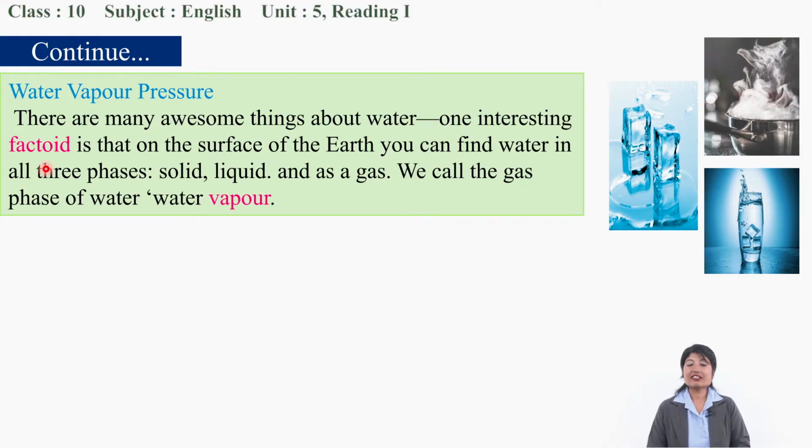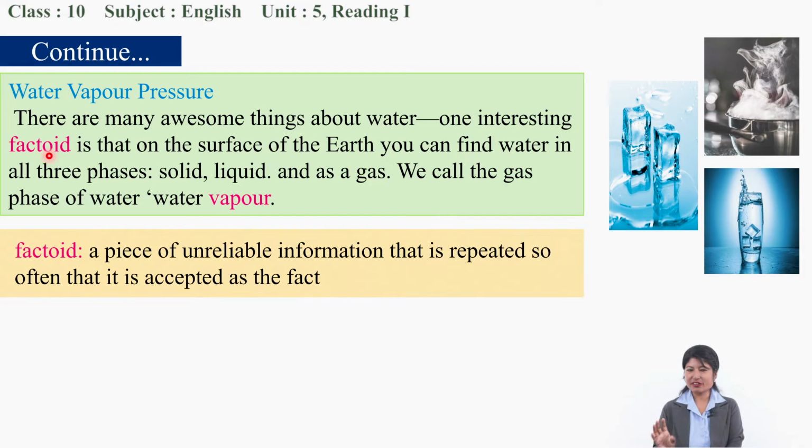One interesting factoid. What is a factoid? A factoid is a piece of unreliable information that is repeated so often that it is accepted as fact. A habitual thing that we listen to. So that is a factoid.